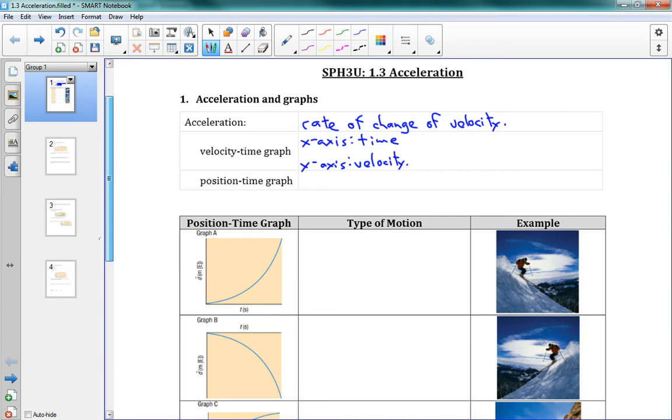Oops, my y looks a bit like an x, so there you go, y-axis. The other thing that we can look at is a position time graph. If we have acceleration, the position time graph is curved if we are accelerating.